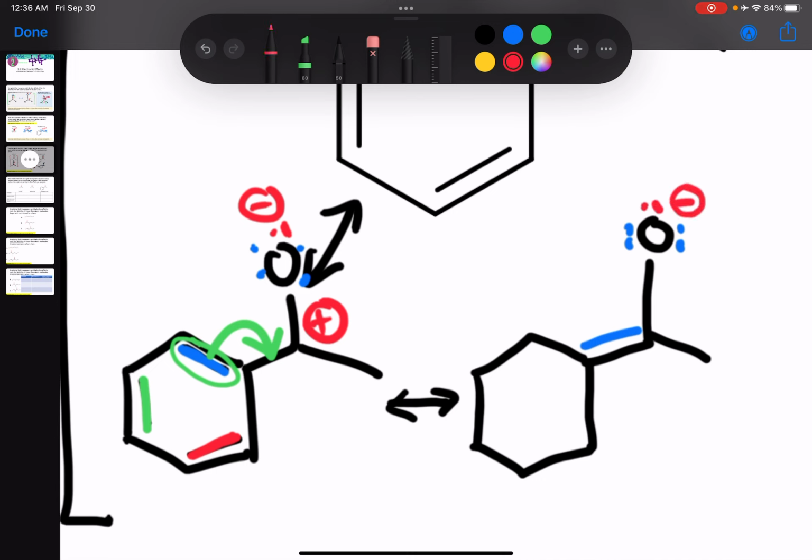The oxygen is still negative. Red pi bond is still there. Green pi bond is still there. And now the positive charge will be on this carbon that only has 3 bonds.